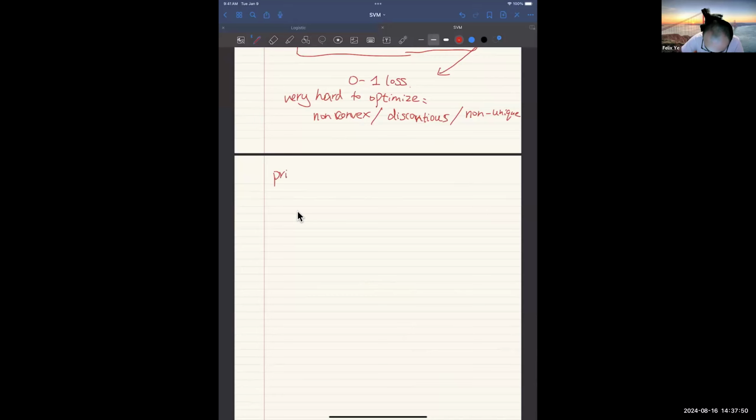So my primal problem, we can rewrite as a minimization over w in R^d, w0 in R, and c in R^n, of 1/2 the squared 2-norm of w plus lambda times the summation of i from 1 to n of c_i.